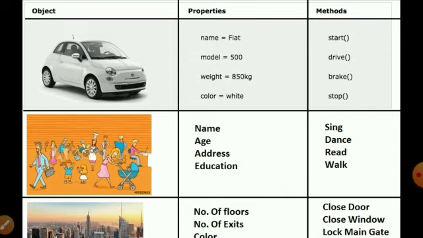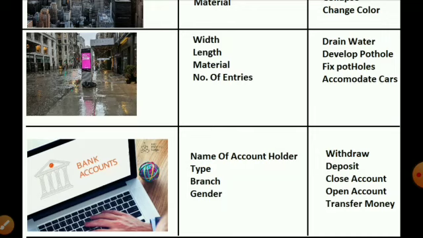Up till here, all the objects are tangible objects, isn't it? All the objects up till the streets example are tangible. Now let's look at an example which is an intangible object. The last one: bank accounts. A bank account is intangible.